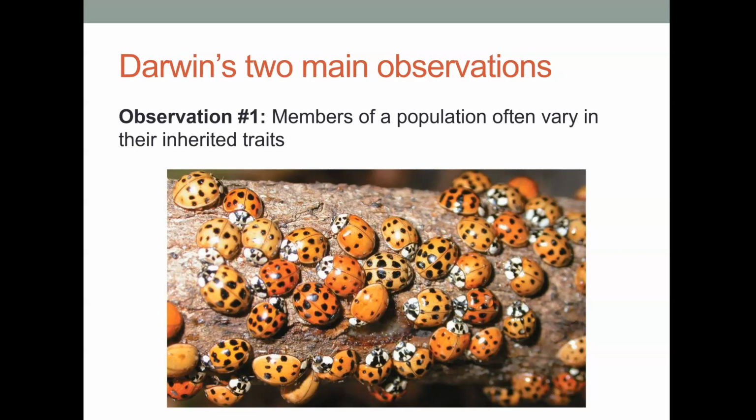Are they dark? Are they light? And so on. So we have some variation in traits. Again, we all know this. If we were to look at all the fish in that lake, we can look at those fish and see a variation in their traits.